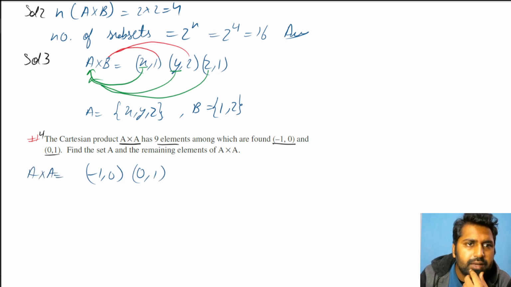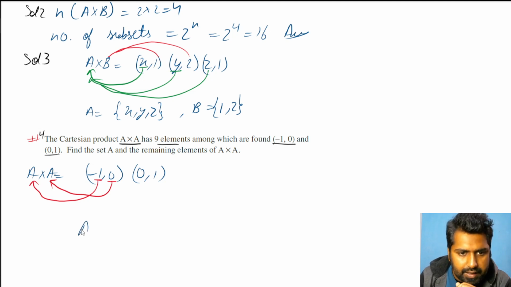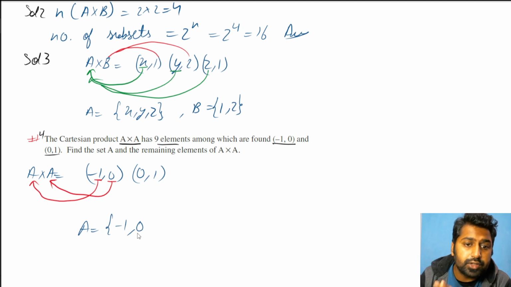But even if they are a few elements, the condition is still the same, that the first element has to come from A, and this time interestingly the second element also has to come from A itself. That means I can say A has minus 1 as an element and 0 as an element. Right now there are 2 elements. Let's see from the next one.